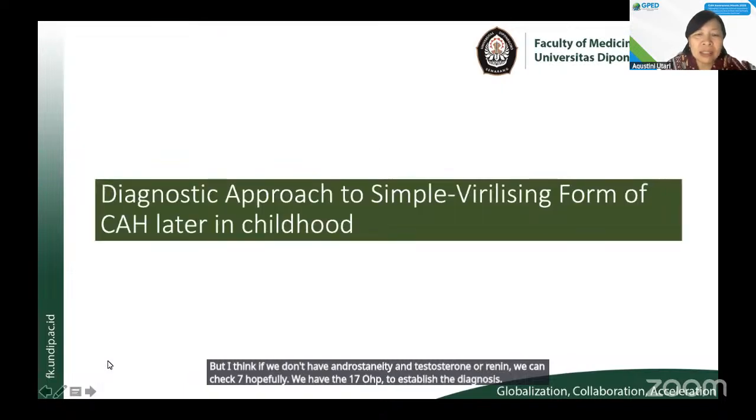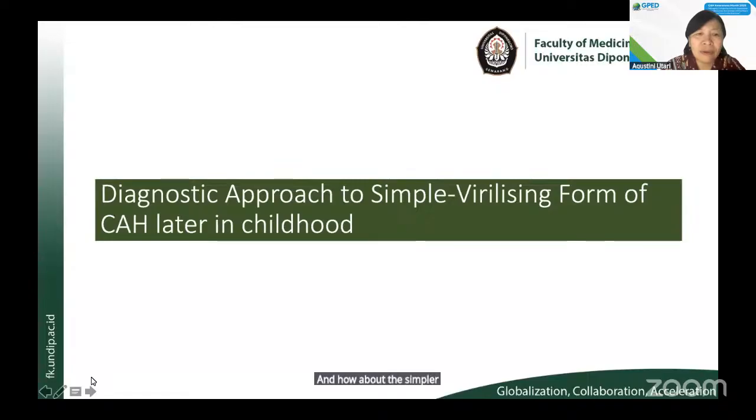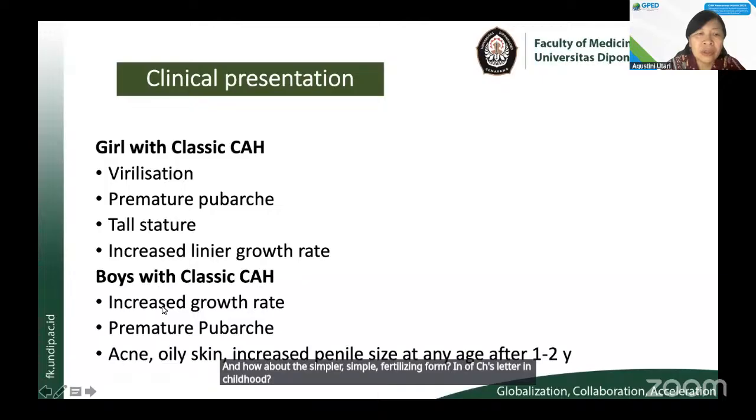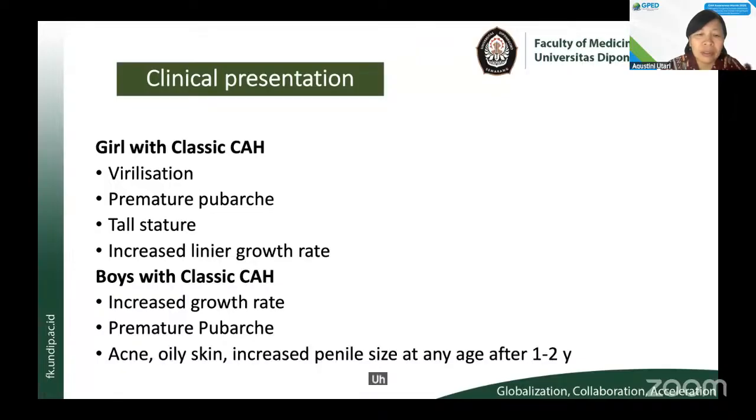And how about the simple virilizing form of CAH later in childhood? Usually girls with classic CAH have virilization, premature puberty, tall stature, and increased linear growth rate. Boys with classic CAH have the same condition, and also increasing phallic size, usually at any age after 1 or 2 years.